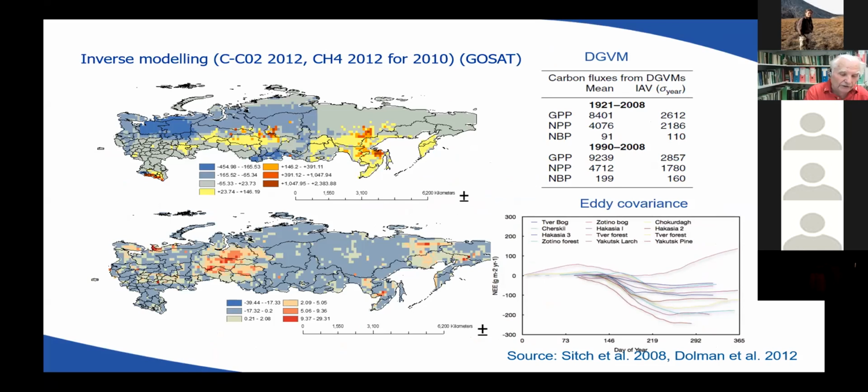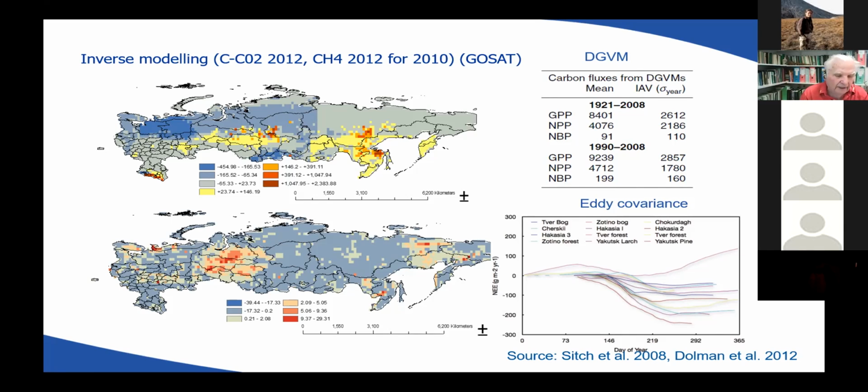Based on these materials, we calculate the carbon account with the so-called landscape ecosystem approach, like an aggregation of all inventory. And if we look at what is done outside of that, because I said that we have to use different methods and after that try to provide mutual constraints, we have inverse modeling, we have DGVM, we have eddy covariance.